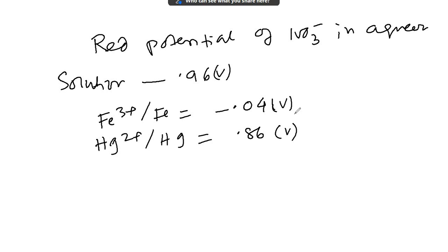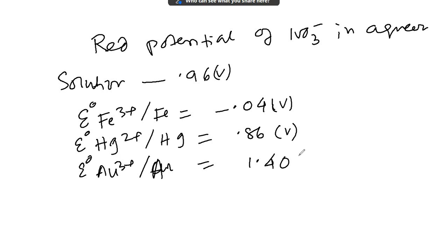The third case is another one: all of them are standard reduction potentials, E naught. Here E means reduction potential. E naught Au3 plus to Au is equal to 1.40 volt.